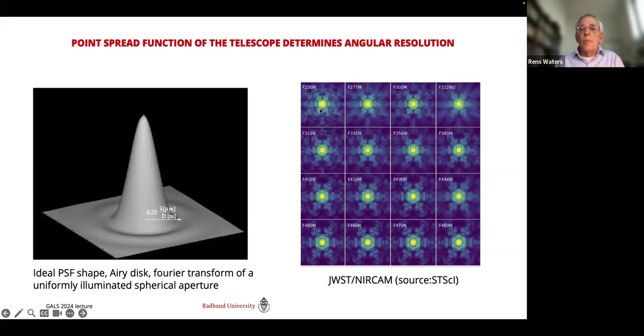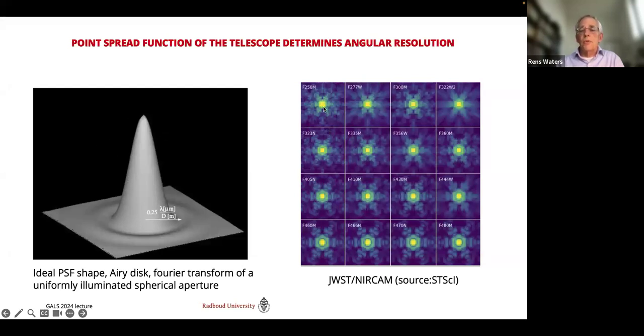And here I have an example of different point spread functions of an instrument on board the James Webb Space Telescope, which is the NIRCam instrument. And you can see here that these point spread functions are a lot more complicated than just this simple Airy disk here.